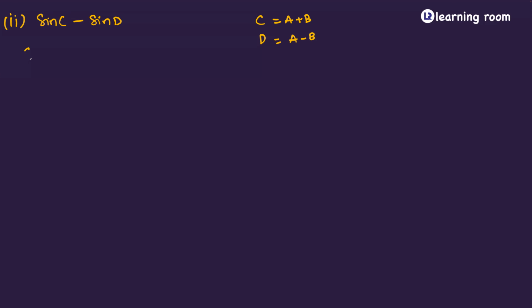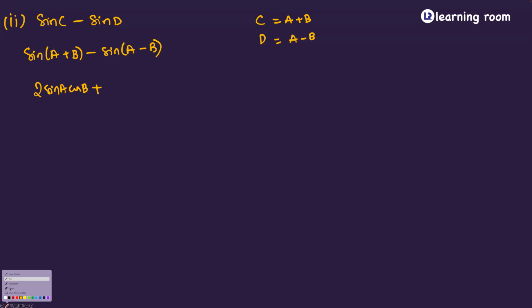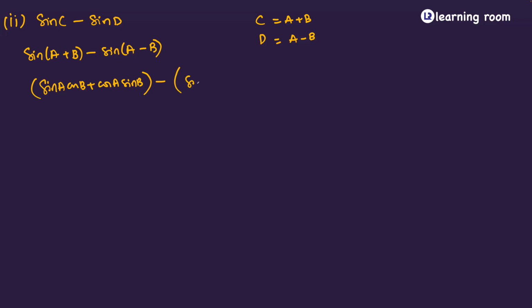So here what is going to happen? You will have sine of a plus b minus sine of a minus b. So it will be sine a cos b plus cos a sine b, minus sine a cos b minus cos a sine b.